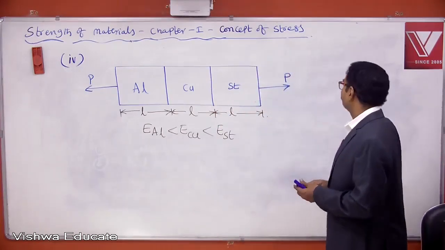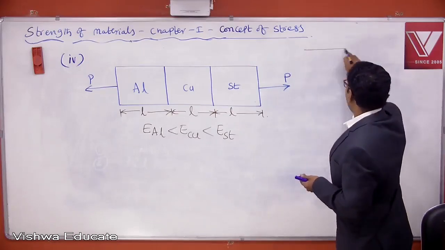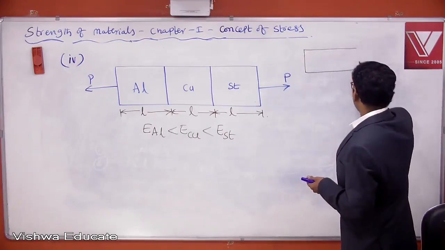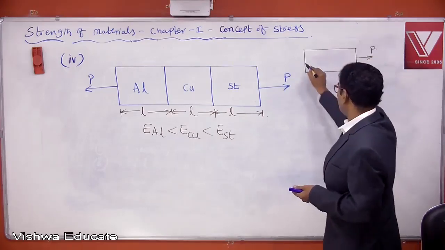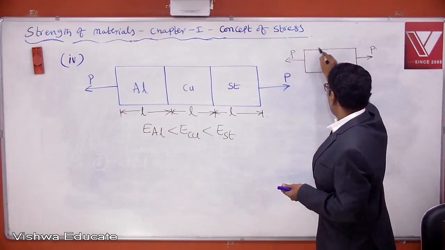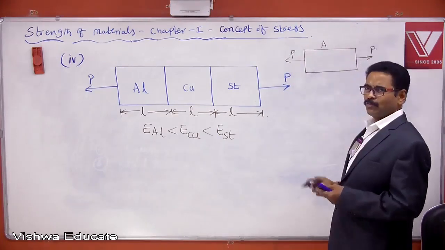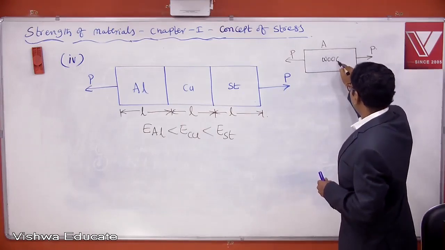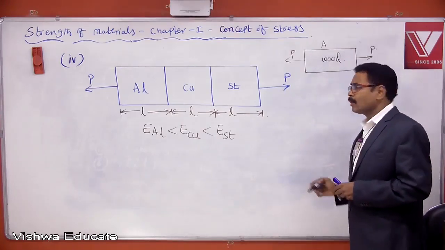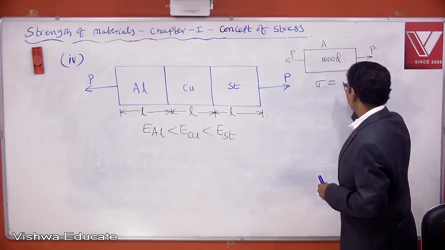Listen now. I am taking one bar here. This bar is carrying an axial force of P and area of cross section is A, original area of cross section. And this bar is made with wood. What is stress in this bar?